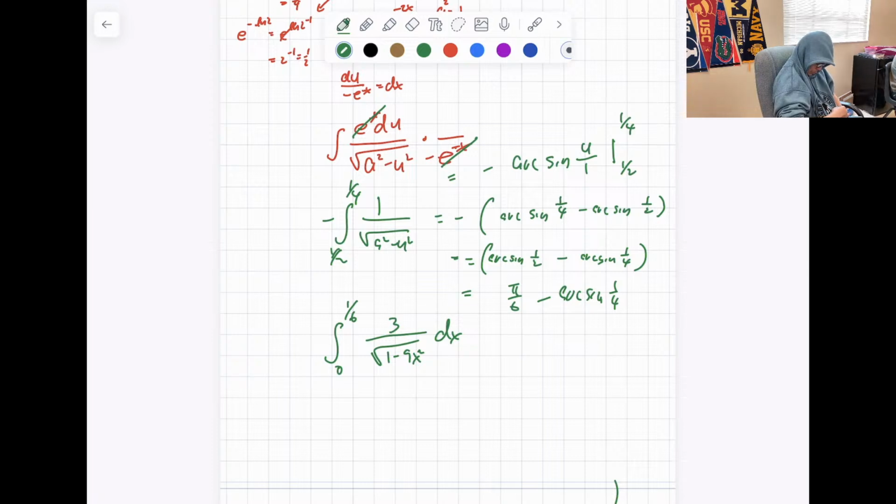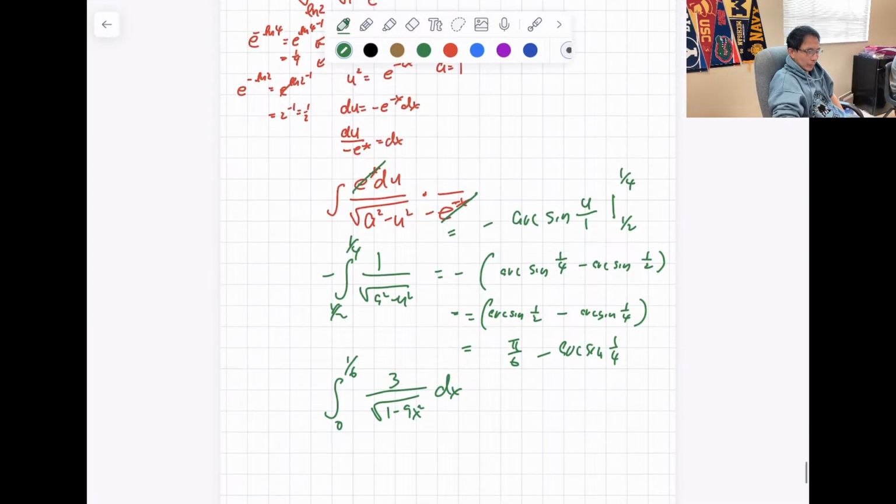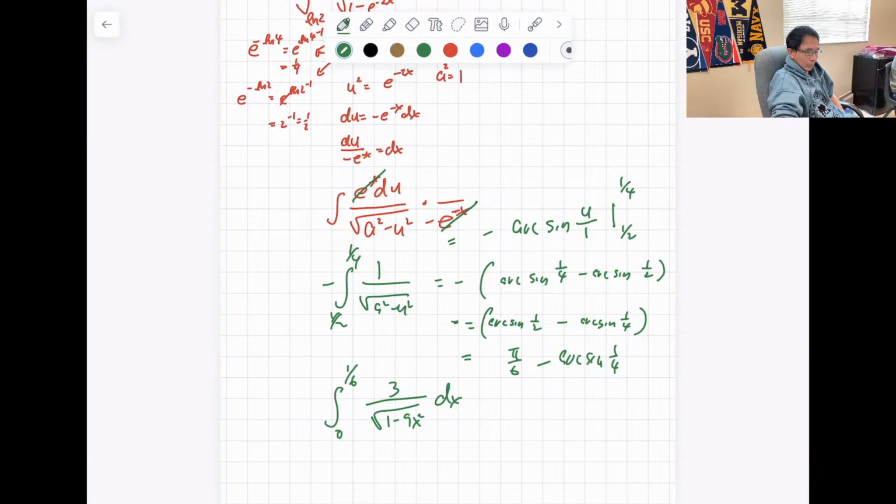Hey, Mr. Yin, when do you put the u back into the integral after you change the bounds? Why did you put e to u instead of just u? What did you say? I don't understand. That's the red part. Why did you put e to the negative u instead of just u stuff?